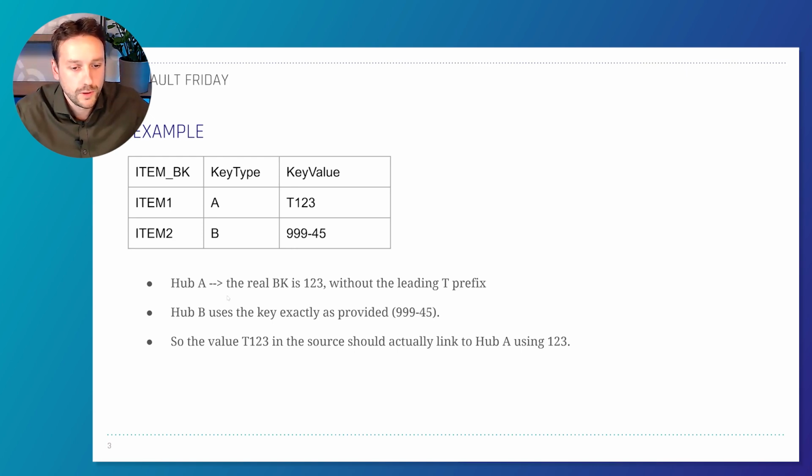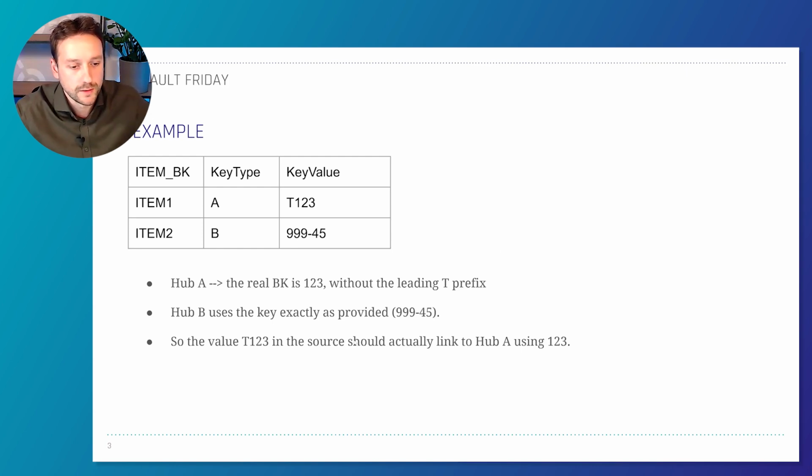The problem now is that in hub A, the real business key is 1 to 3, so without the leading T prefix, and hub B uses the key exactly as provided. So as you can see, key type A points to a different hub compared to key type B.